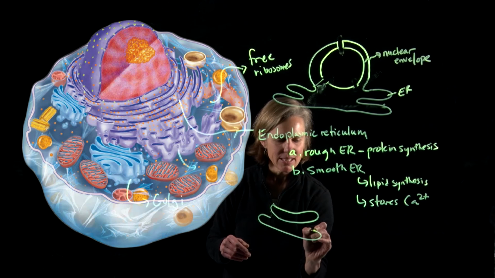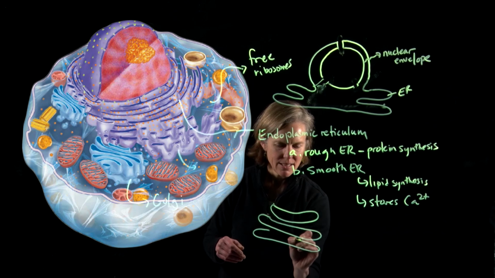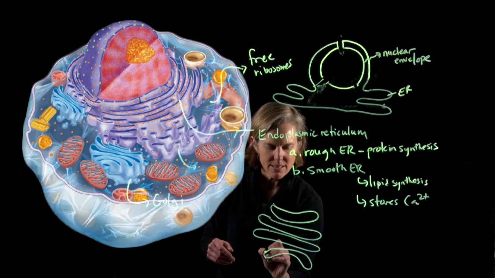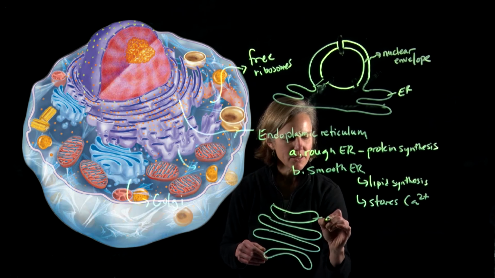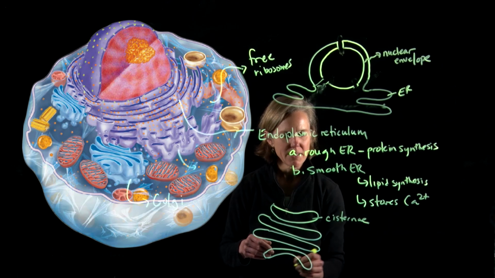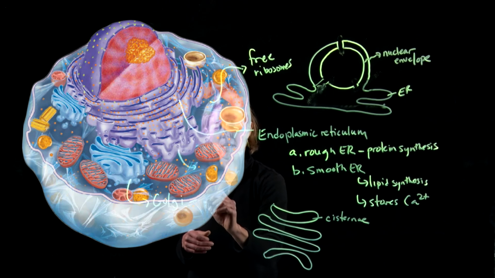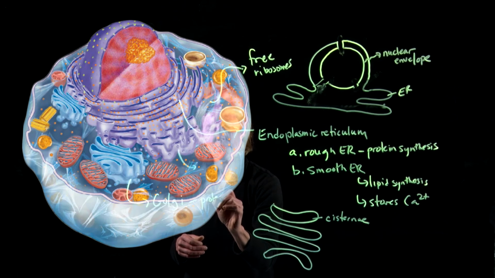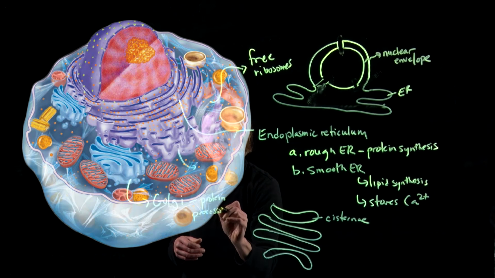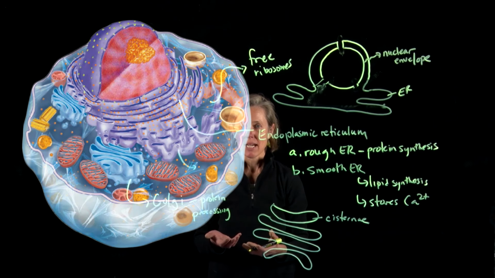It's this lovely series of stacks, and those stacks are called cisternae. The Golgi is an important site of protein processing. For example, this is where carbohydrates may be added to proteins.